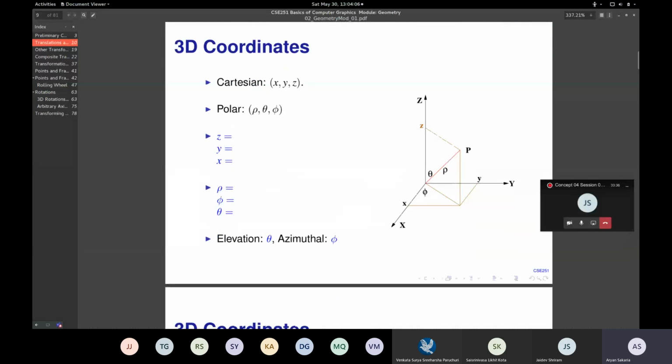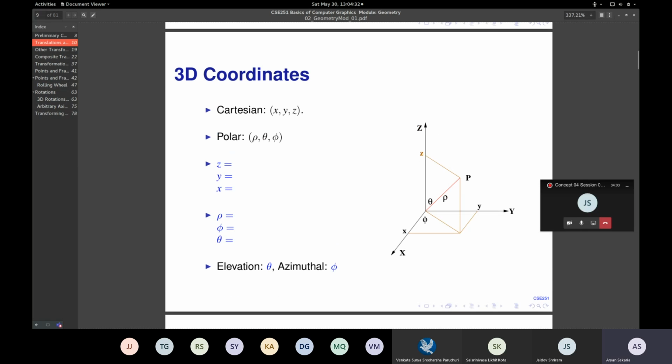So there's this notion of degrees of freedom, and I'll just tell it to you straight up. Rotation only has 3 degrees of freedom. So basically you can describe some rotation using only 3 values. I'll get to that later.